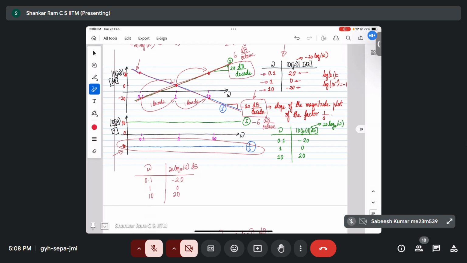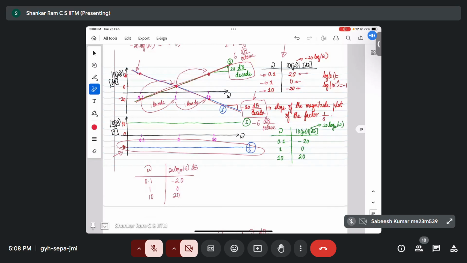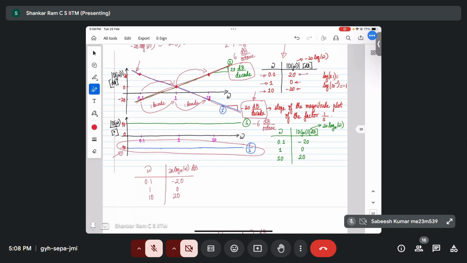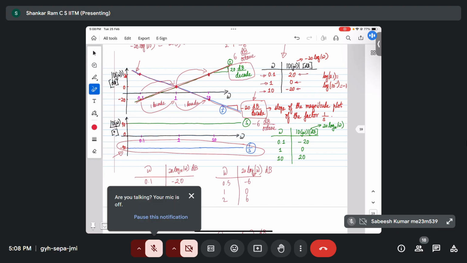If you go from 1 to 2, right? If we do this calculation, let's say 0.5, 1 and 2: at 1 it will be 0, at 0.5 it will be minus 6, at 2 it will be plus 6. Okay, so once again, it's going to be a mirror image of what we did for 1 by s.